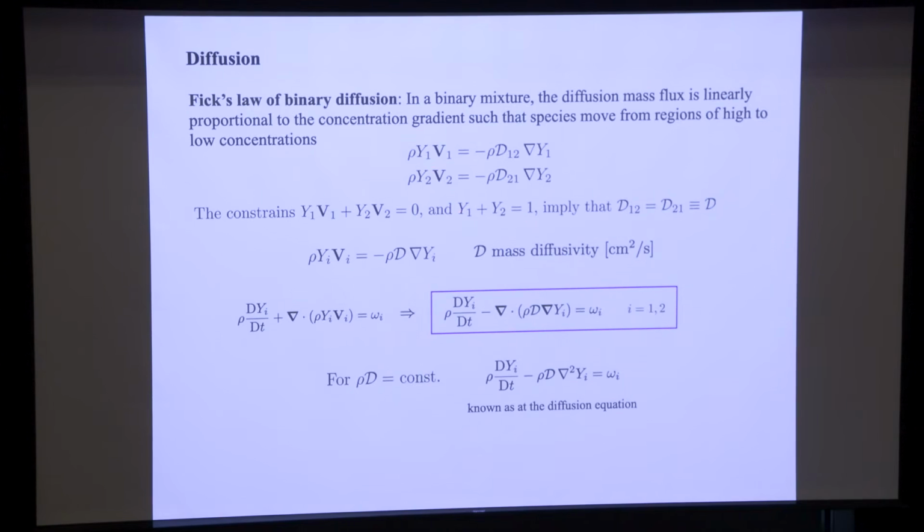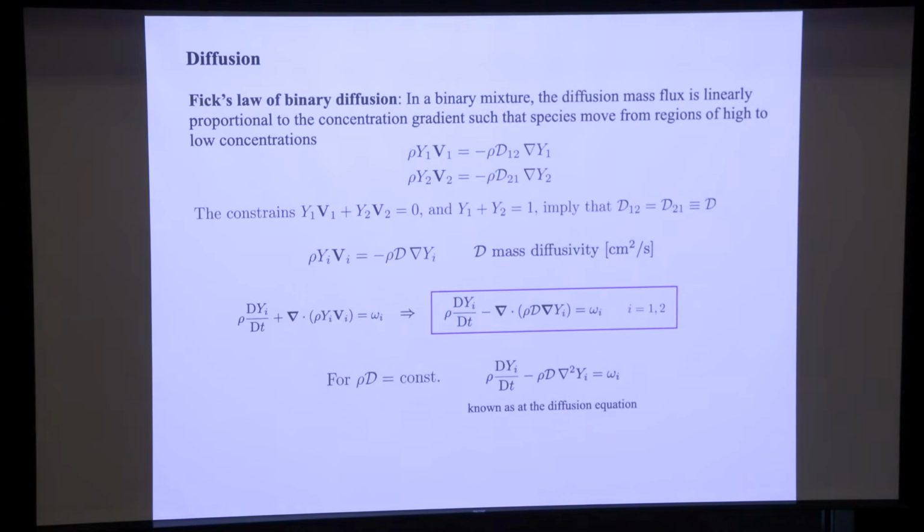And since the sum of y1 and y2 is 1, the gradients are related. And since the other constraint, y1 V1 plus y2 V2 is 0, those are connected. So it's easy to deduce that there is only one diffusion coefficient. The diffusion coefficient, denoted here by D, 1 into 2 and 2 into 1, is the same.